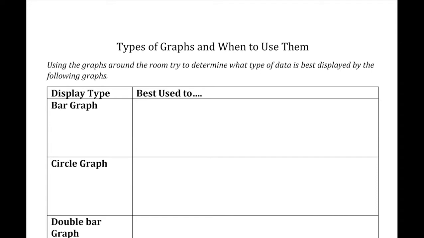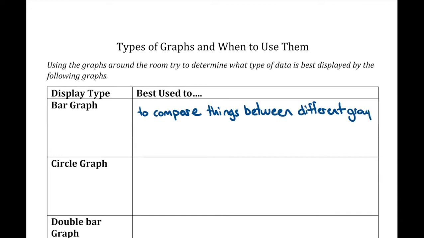If we go back, bar graphs are best used to compare things between different groups. If you go back and take a look, you'd see that we're comparing things between different groups.